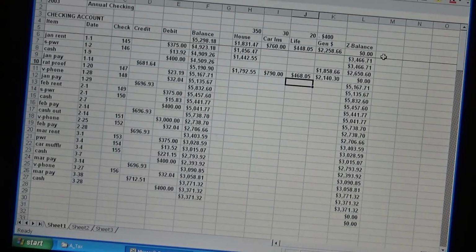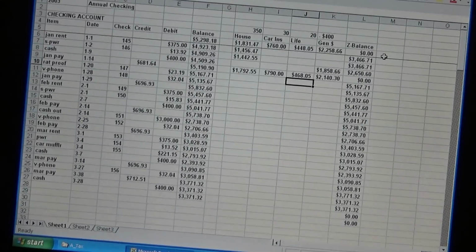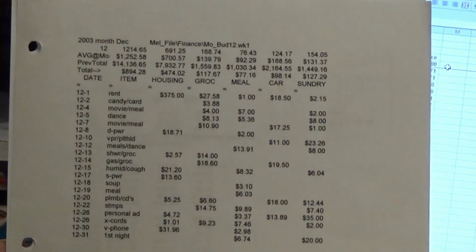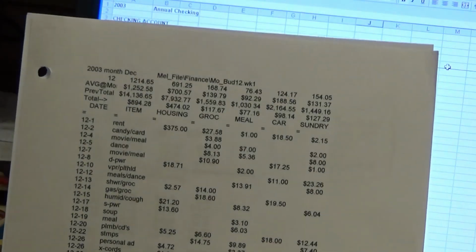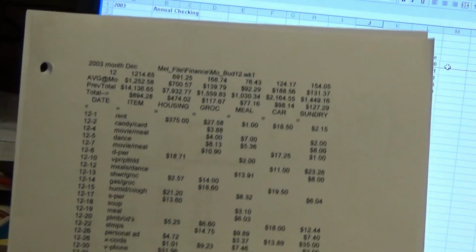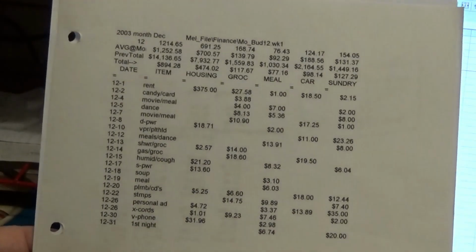I hope that makes sense, but this is what I've been doing since, like I said, 1980, to round the information out, because cash envelopes aren't working by themselves.